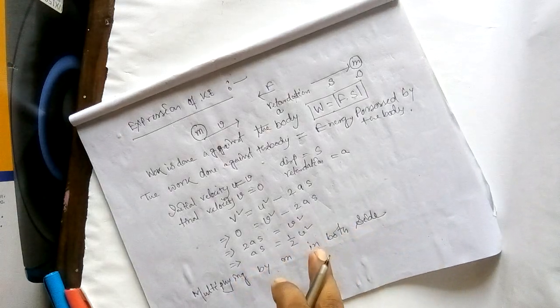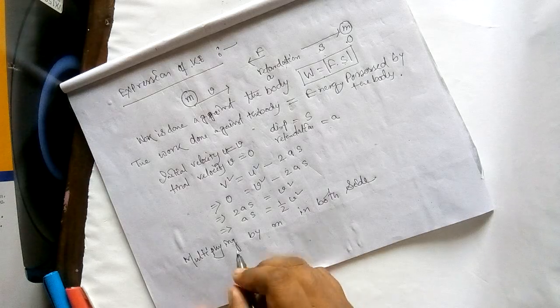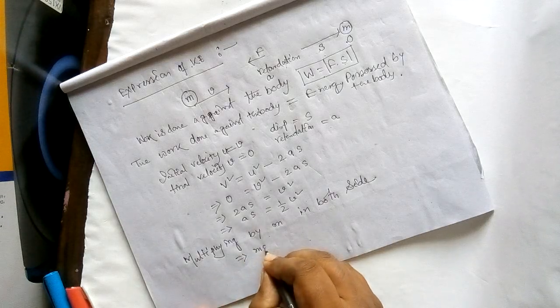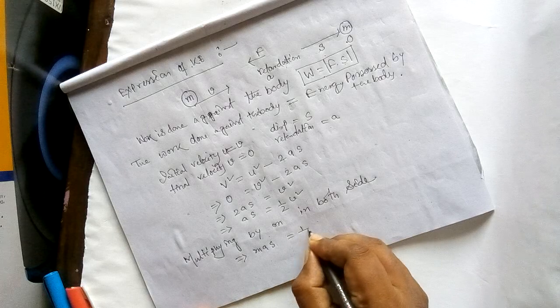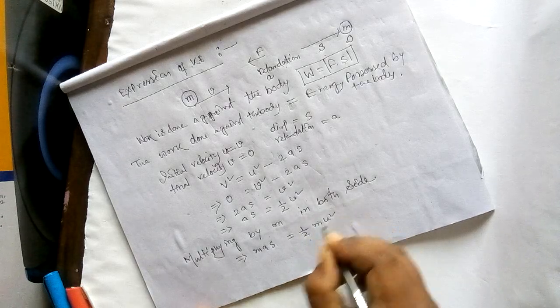So it will come m into a into s equals half of m into v squared.